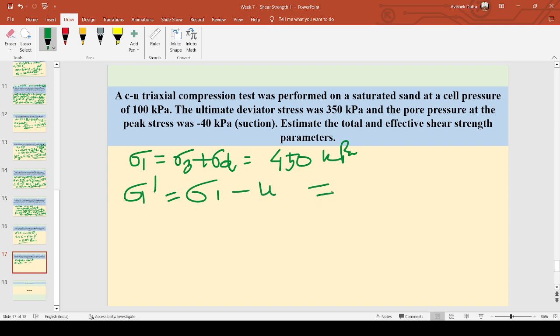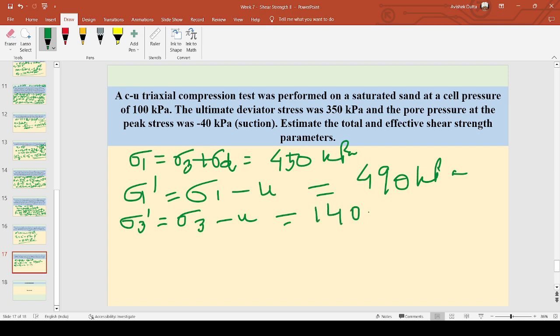Now u is actually negative, so sigma 1 minus minus 40, so 450 plus 40 equals 490 kilopascal. And again sigma 3 dash equals sigma 3 minus u. Sigma 3 is 100, 100 plus 40 equals 140 kilopascal.